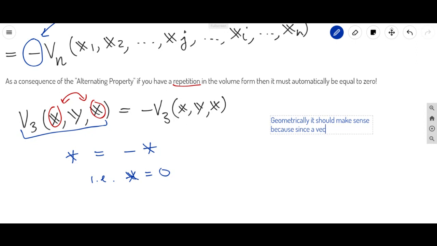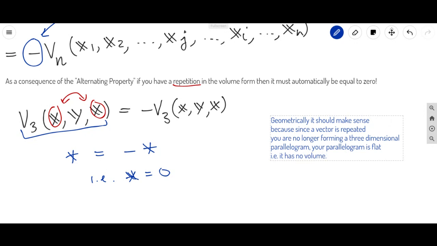Geometrically, it should make sense because since a vector is repeated, you are no longer forming a three-dimensional parallelogram. Your parallelogram is flat. It has no volume.